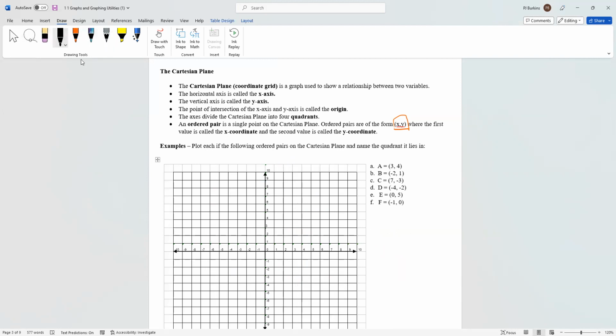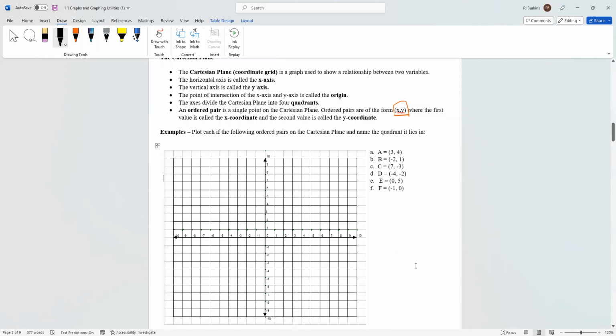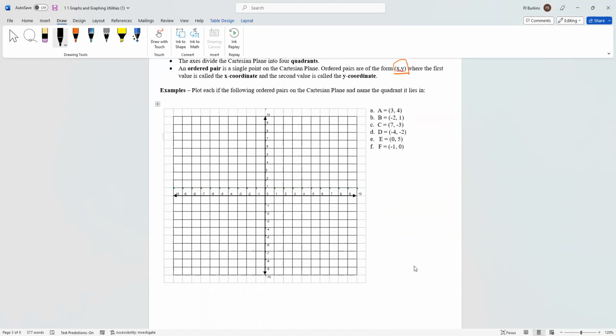All right, so first we have point A, which is at (3, 4). So again, remember this is x and then y. So by the way, this is positive x in this direction, this is positive y in that direction, this is negative x, and this is negative y. Okay. So it says go 3 units in the x.